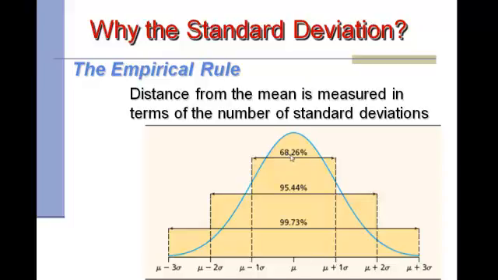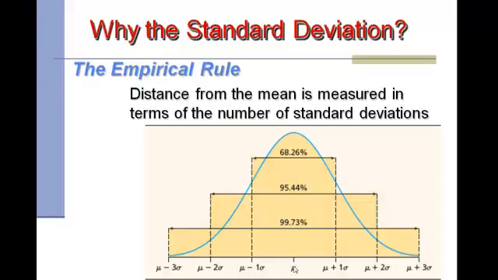And as the empirical rule tells us, 68% of all observations will fall within plus or minus 1 standard deviation of the mean. Or if you want to say 68.26% to be more accurate, that would be true. But again, we often refer to it as just the 68, 95, and 99% rule.